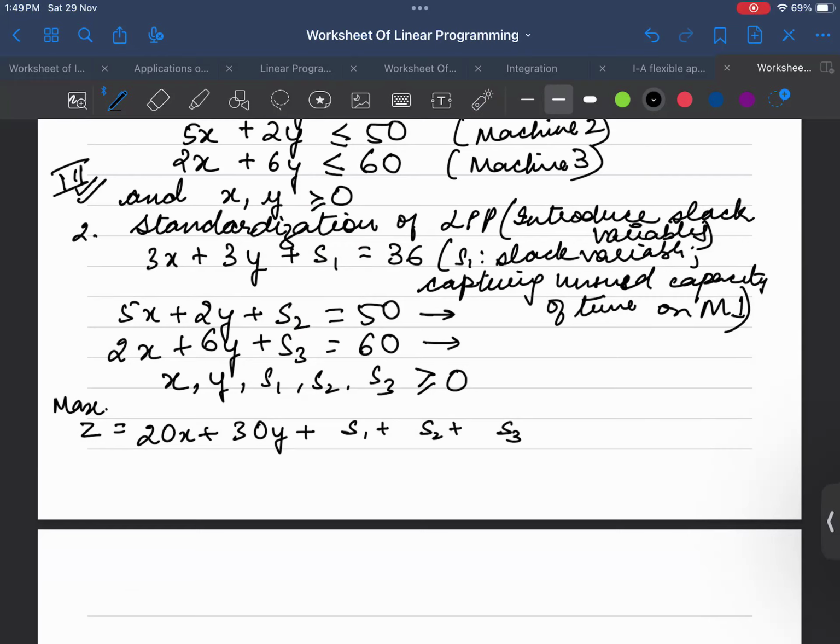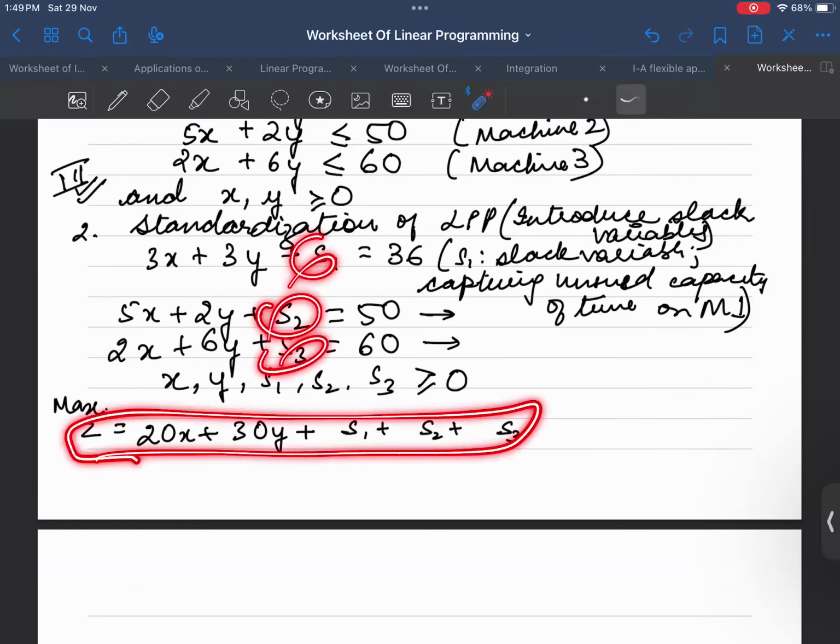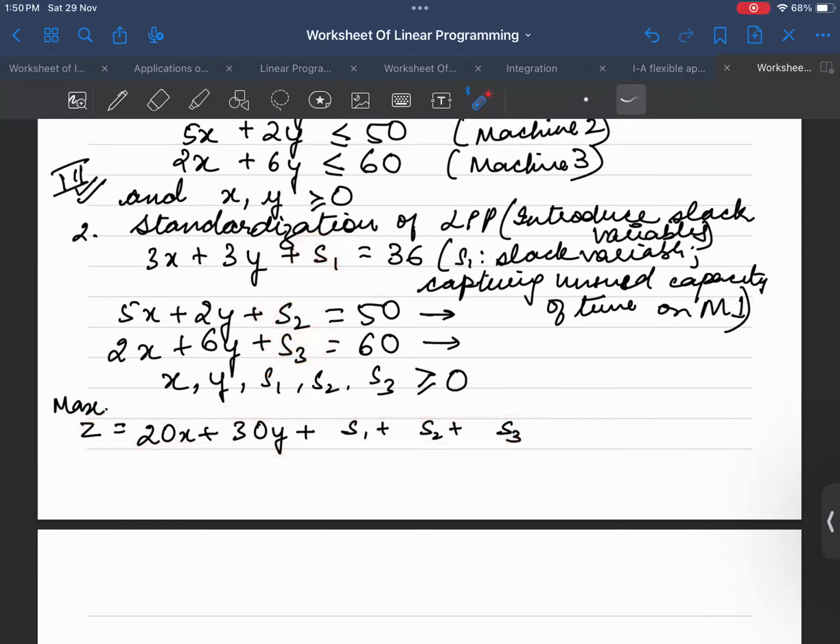As we have added S1, S2, S3 in the solution, their coefficients have to be determined, and the objective function should be modified by including every variable in the system. Whatever variable we are using needs to be added into the objective function. That's why we are making this the standardized LPP.